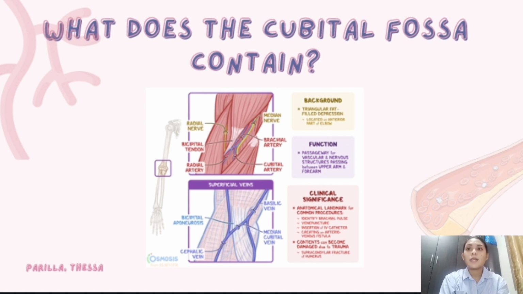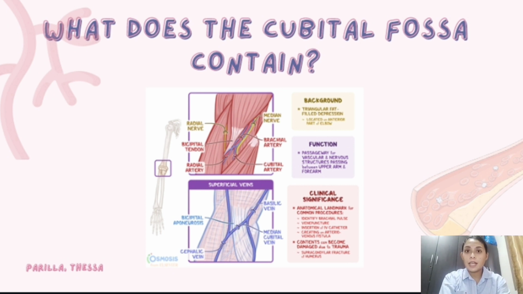So first we have the cephalic vein. The cephalic vein ascends anterolaterally on the forearm, and it is often visible through the skin. So makikita natin yung parang ugat dito sa gilid ng elbow. That is the cephalic vein.